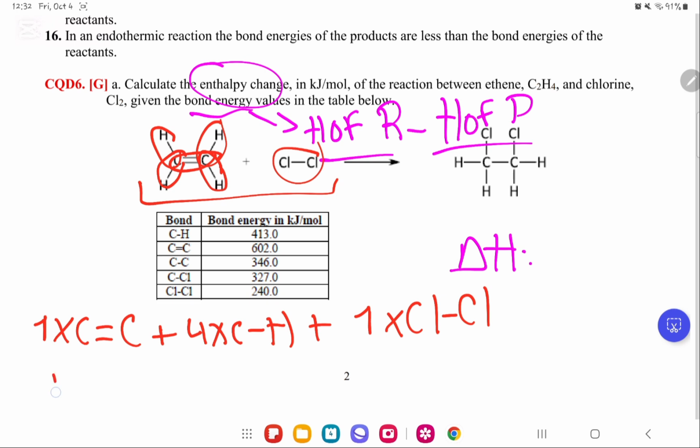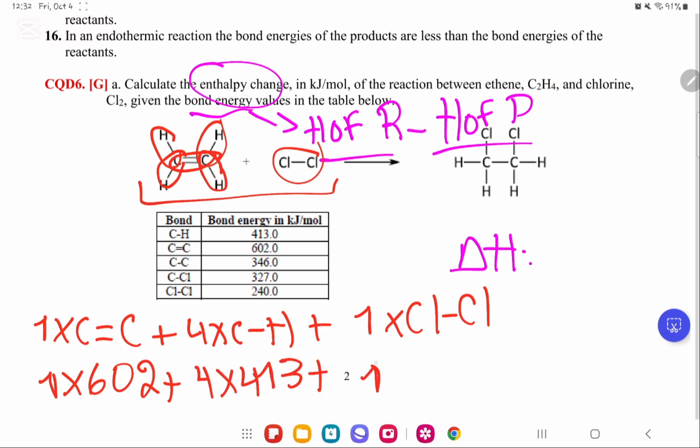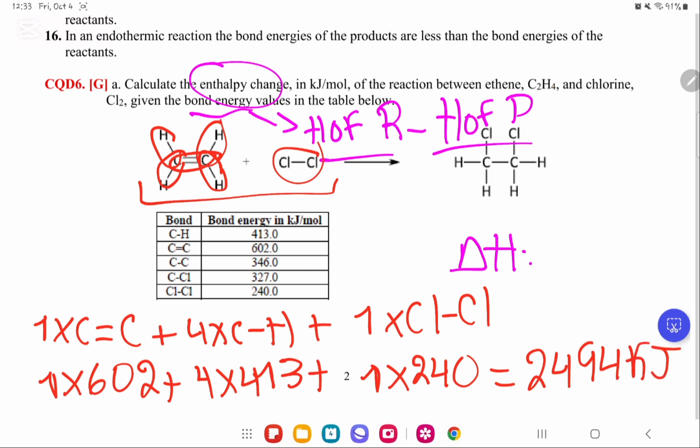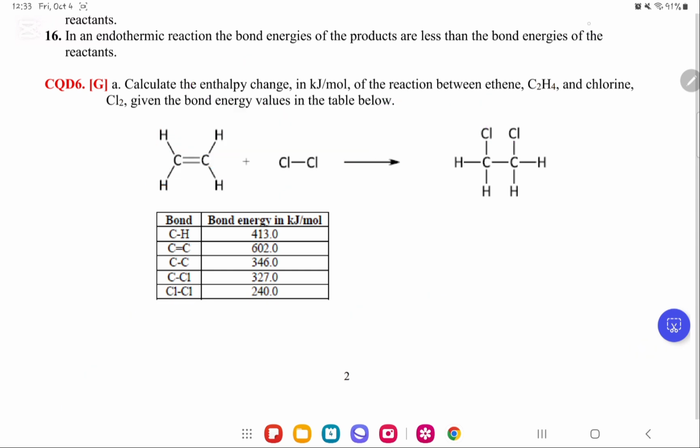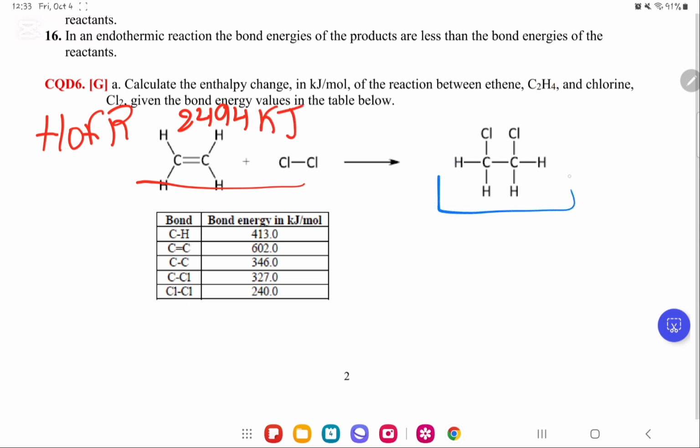So if we replace the values, we have 1 times 602 plus 4 times 413 plus 1 times 240. And if we place the values on the calculator, we get 2494 kilojoules. So now we found the heat of reactants, which is 2494 kilojoules.